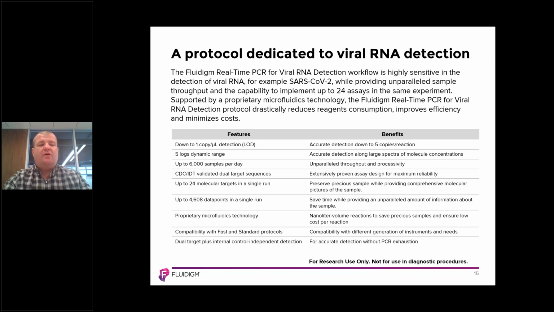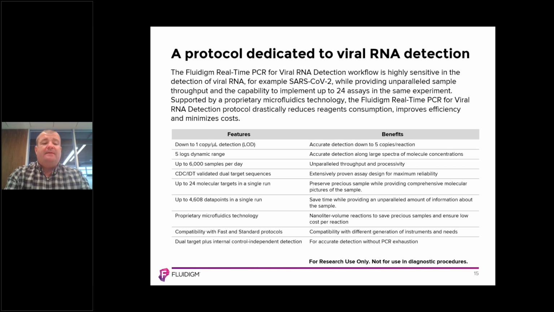Our technology enables you to process up to 6,000 samples per day. That's a throughput level with one system that is unprecedented in other technologies, such as 96-well plates or 384-well plates. Our protocol utilizes the Center for Disease Control IDT validated assays. In other words, you can get those assays from IDT as part of their CDC emergency use authorization protocol and port them over to the Fluidigm microfluidic technology using our protocol.